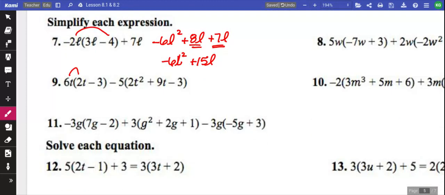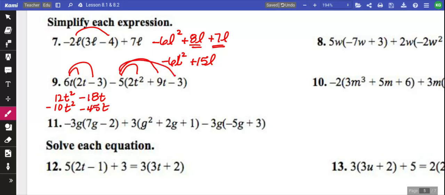On this one, I would take 6t times 2t, which is 12t squared. 6t times negative 3 is negative 18t. Negative 5 times 2t squared is negative 10t squared, which I put underneath my 12t squared. Negative 5 times 9t is negative 45t.